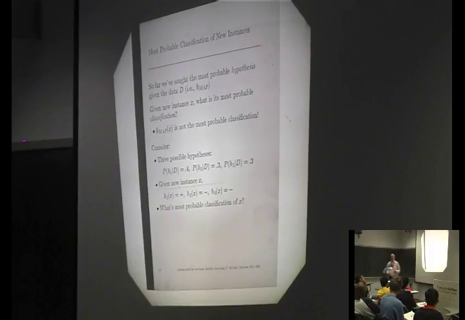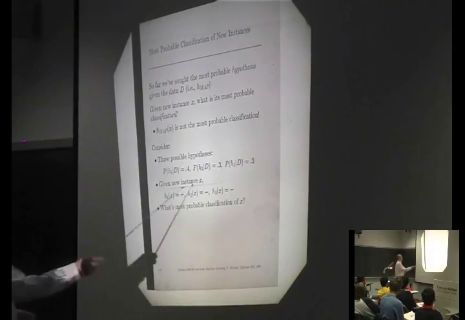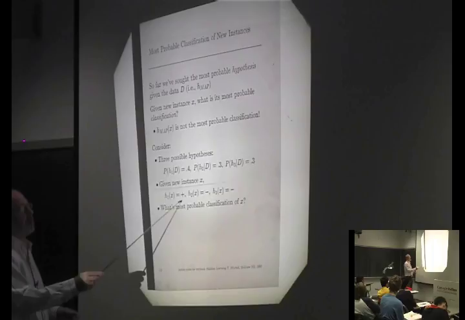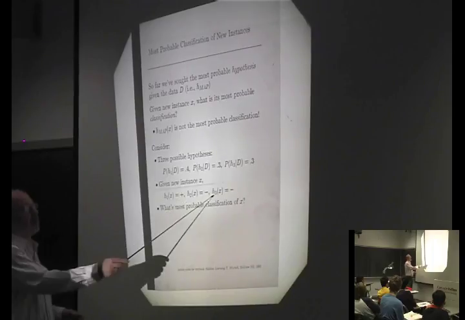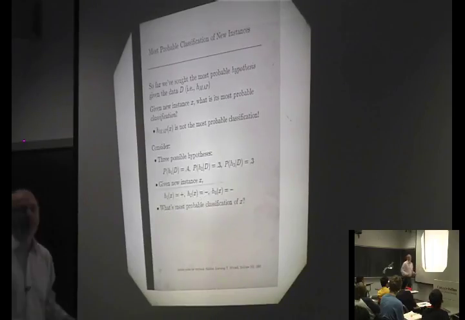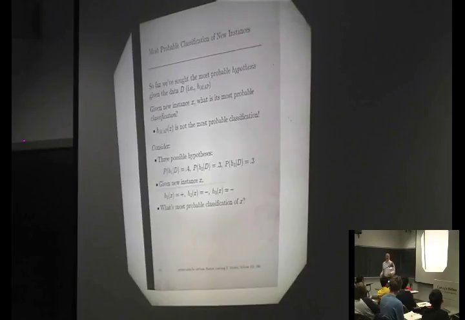But suppose now you're given a new instance, X, and you find that H1 classifies it as positive, H2 and H3 both classify it as negative. How would you classify it? Which is the most likely classification? Which classification is optimal given your worldview?